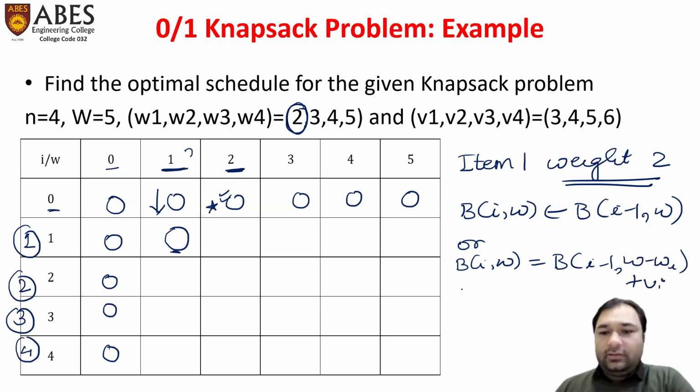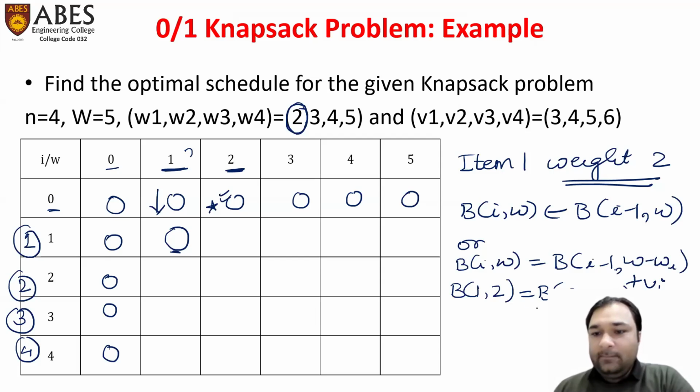If we talk about this position, it will be B[1, 2], which will be giving us B[0, ...]. Now this is 2 minus 2, that is 0 again. Plus Vi is the value of this item, V1 is 3. So if we go through, this will be B[0, 0] plus 3.